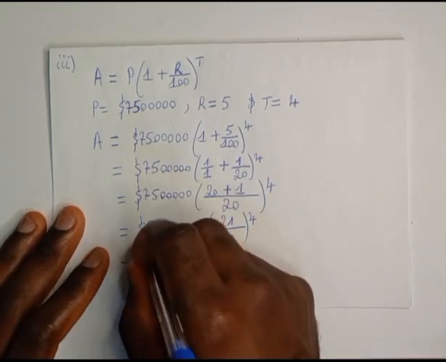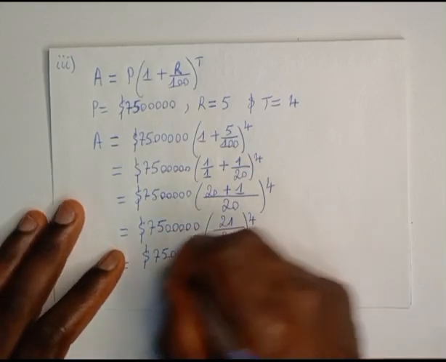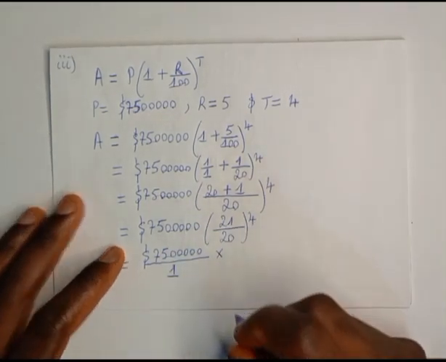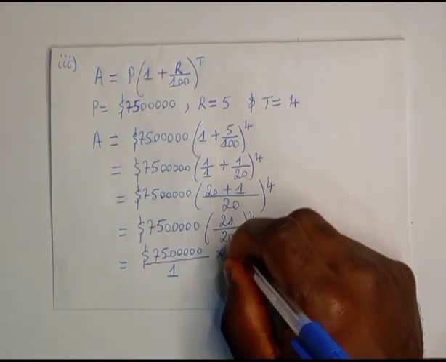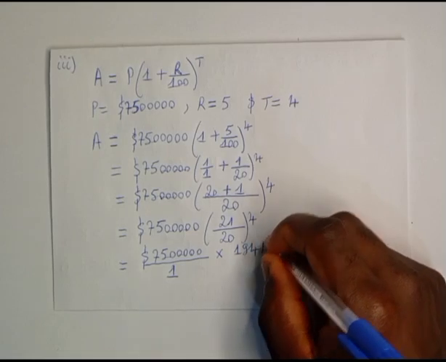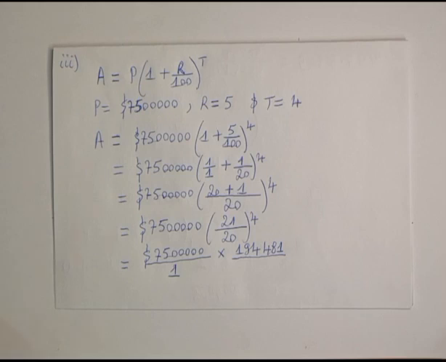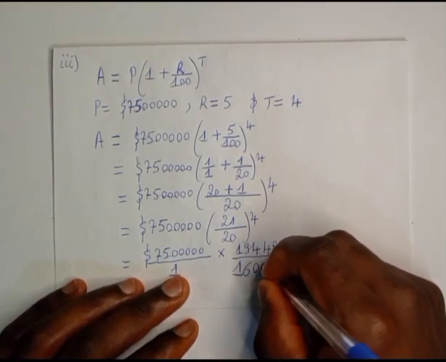This will simply be equal to $7,500,000, which can be expressed as $7,500,000 over 1, times 21 raised to the power 4, which gives us 194,481. Then we are going to divide by 20 raised to the power 4, and 20 raised to the power 4 gives us 160,000.